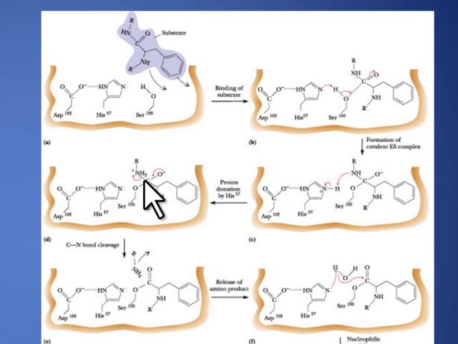The proton is transferred to the nucleophilic group that is bound to the carboxyl carbon of the substrate. In this illustration, the amino nitrogen is protonated. In the case of the carboxyl ester, it would be the ester linkage oxygen.